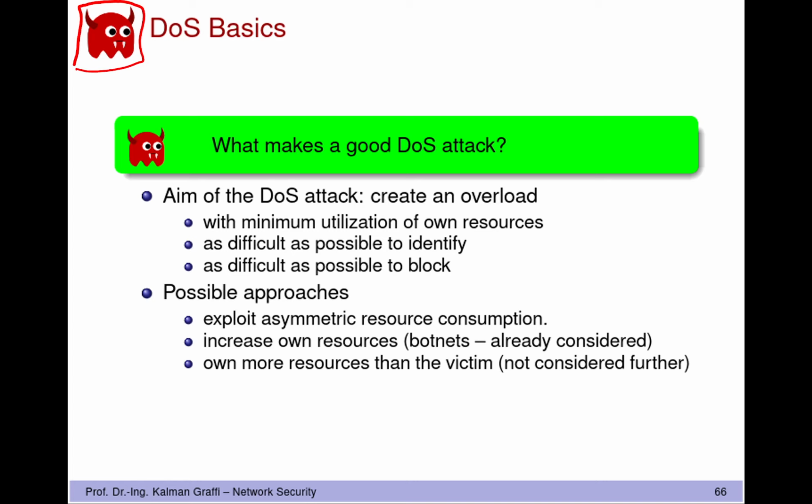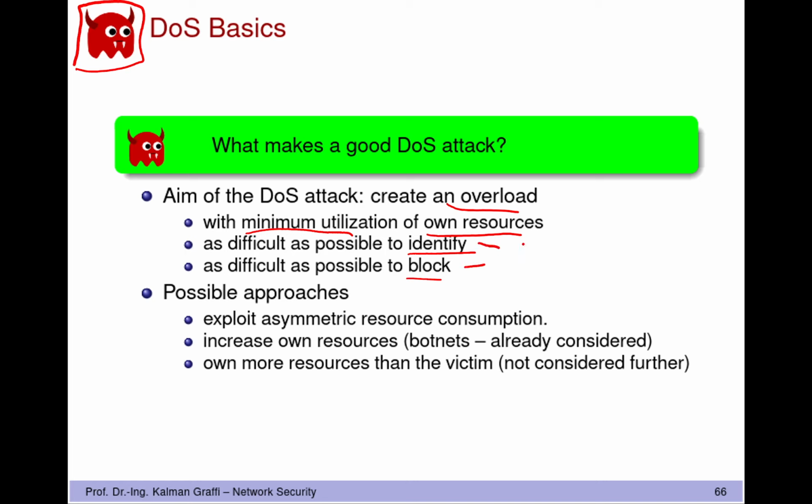What we want to do is create an overload. If you want to overload, it should be expensive for the victim and cheap for you. So we want minimum utilization of our own resources and high impact on the victim. And it should be difficult to identify and difficult to block.